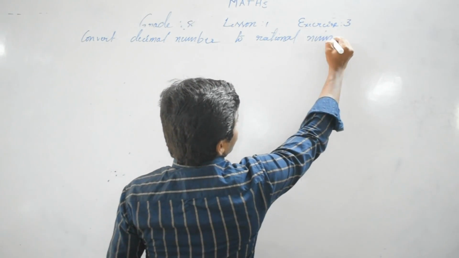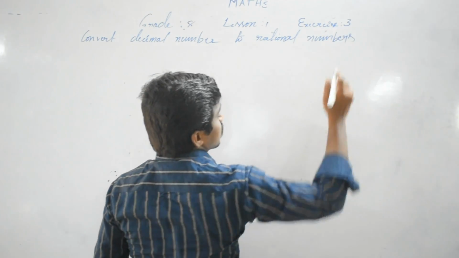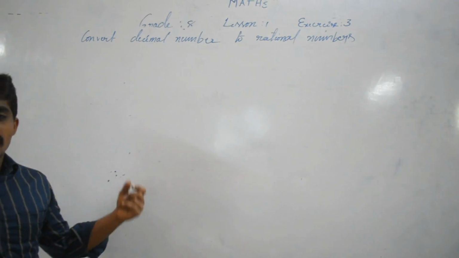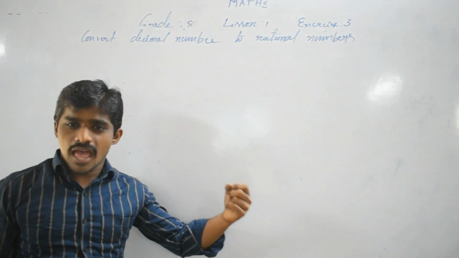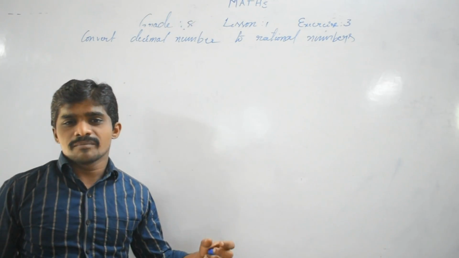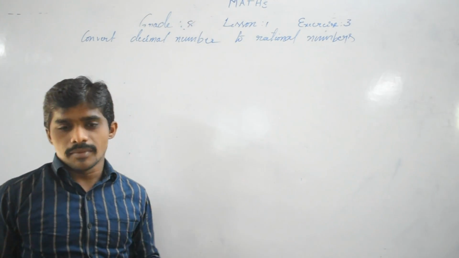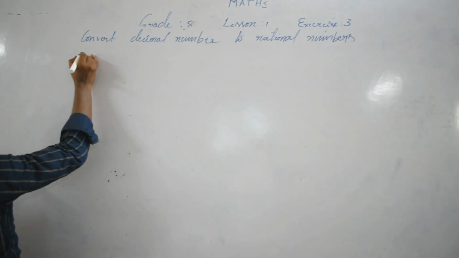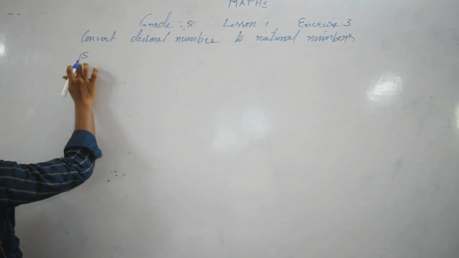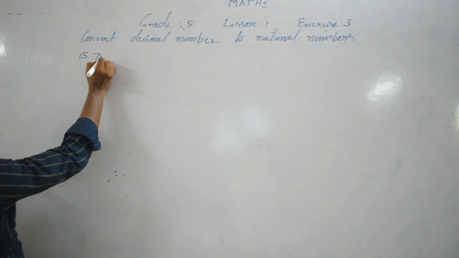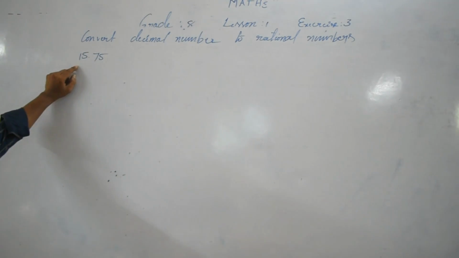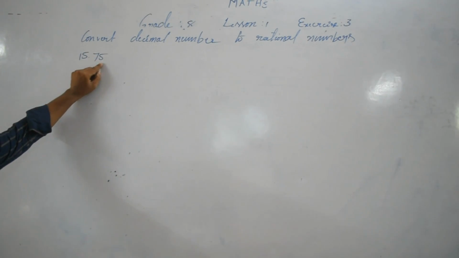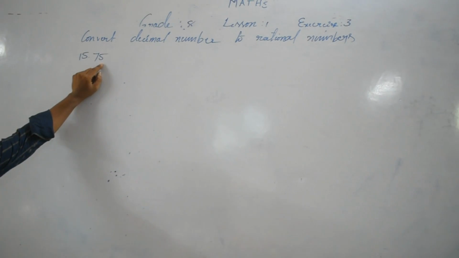We know decimal numbers. Here, see, a number with a whole part and a point part is called a decimal number. Here, 15.75: 15 is a whole number, 75 is the decimal part.